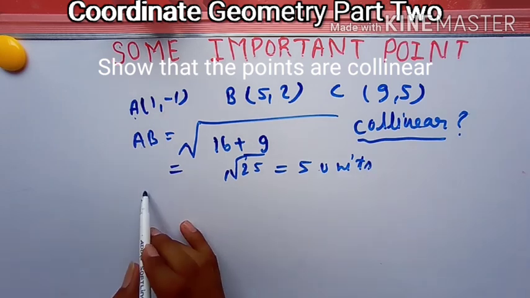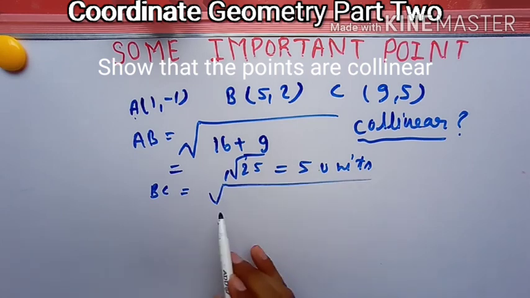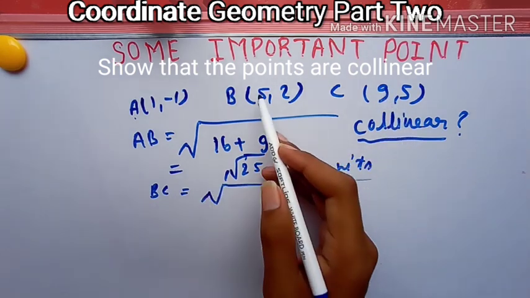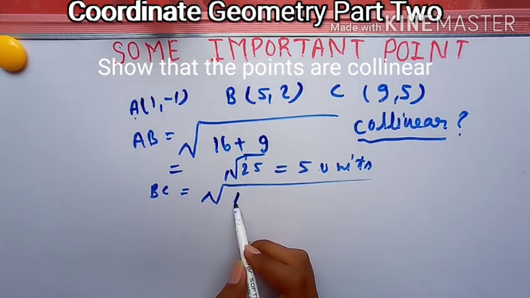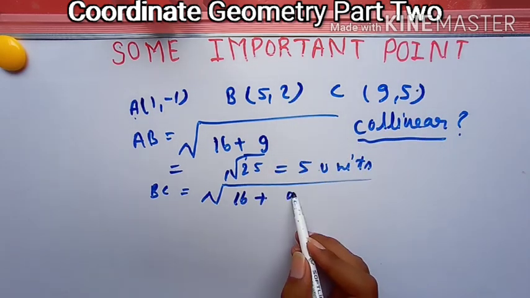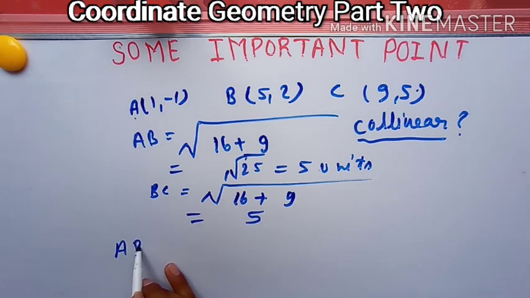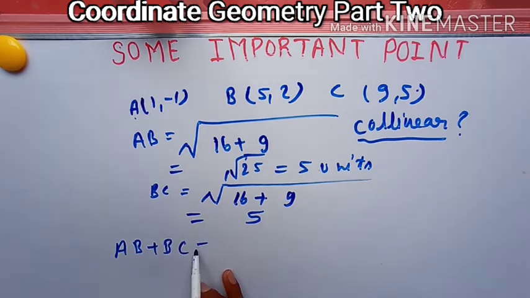Now find the value of BC also. Look how I am doing. 9 minus 5 gives you 4, and squaring 4 gives you 16. 5 minus 2 gives you 3, squaring 3 gives 9. So this gives again 25, and this is equal to 5 units. Now add them. AB plus BC is equal to 5 plus 5, 10 units.